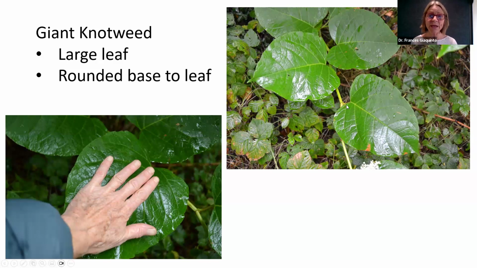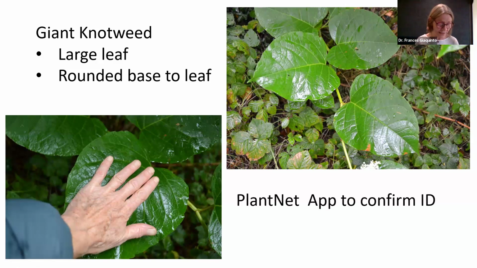So if you find something which vaguely resembles Japanese knotweed, but is bigger, then take note. Now, a very useful app on your Android phone is PlantNet. Some of you may be very familiar with that. It's very easy to use. You just download it, take a photograph of the plant you're looking at, say whether you want to look at the flowers or the leaves, and it's pretty accurate. A lot of professional botanists will use it just to confirm identification.